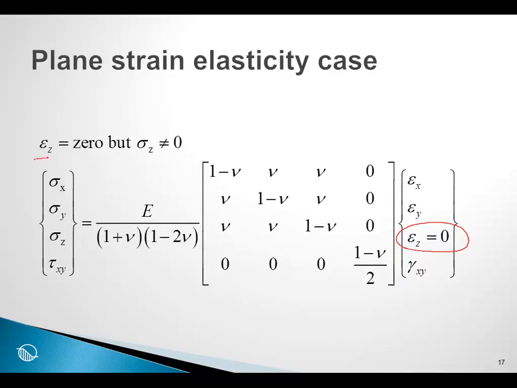So the strain in the Z direction is zero, but the stress is not necessarily equal to zero. If we take stress Z, take the third row and multiply it times this vector, we get a non-zero quantity. So plane strain simply means that in this constitutive relationship we make strain Z zero.